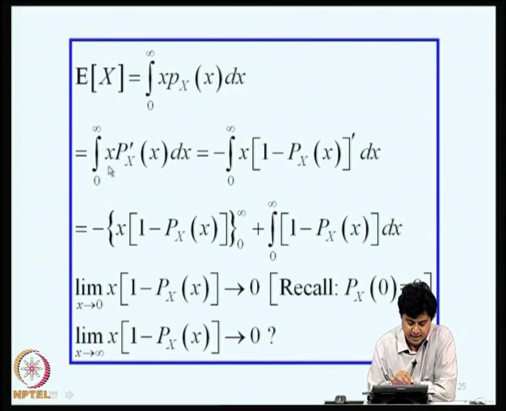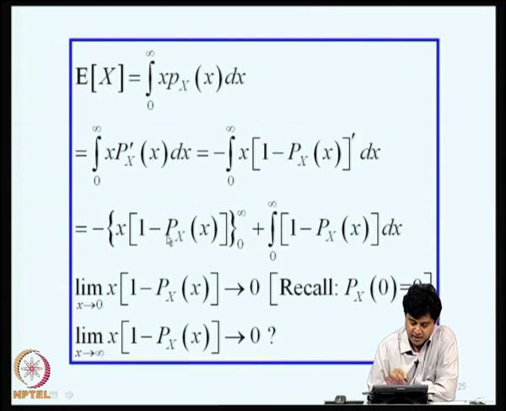Therefore, I can write it as x Px prime of x dx, and I can write this as 1 minus Px of x, prime. The derivative of 1 is 0, therefore I can write this without making any error, and there is a minus sign to allow for the negative sign that we have introduced.